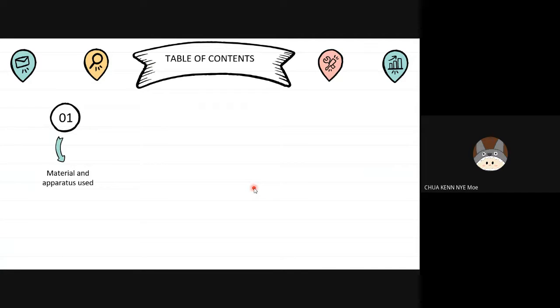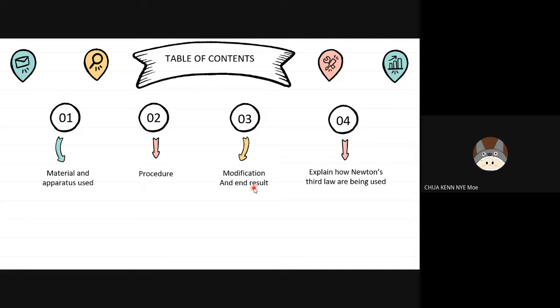First, I will introduce my materials and apparatus used. Secondly, my procedure. Third, my modification and of course the end result. Fourth, I will explain how Newton's third law is used in this product. And fifth is my reference.